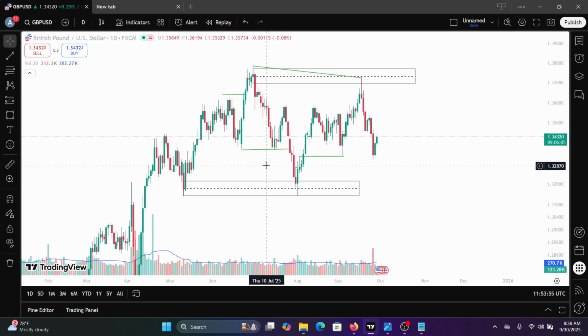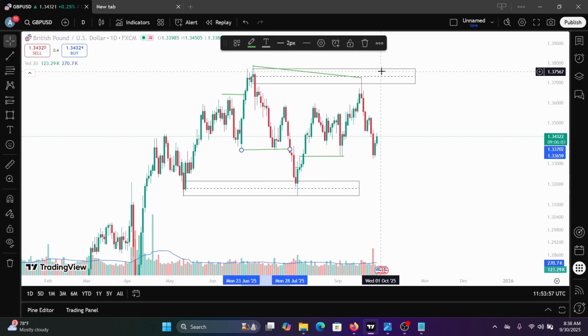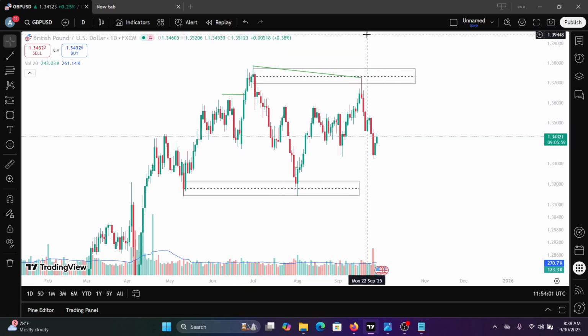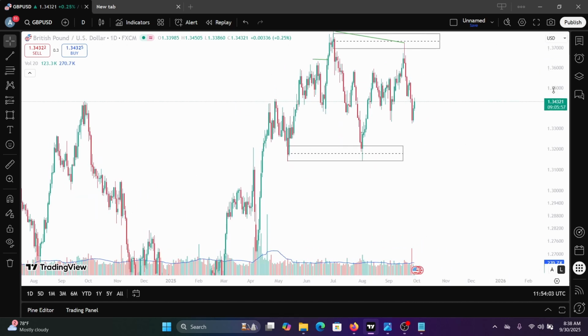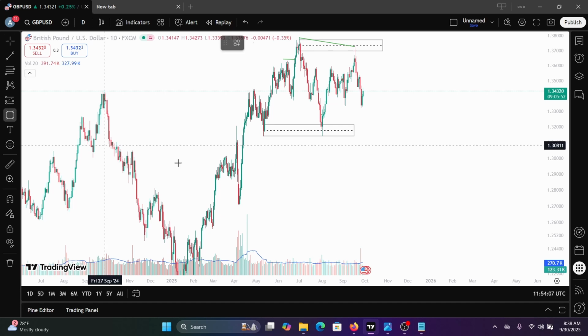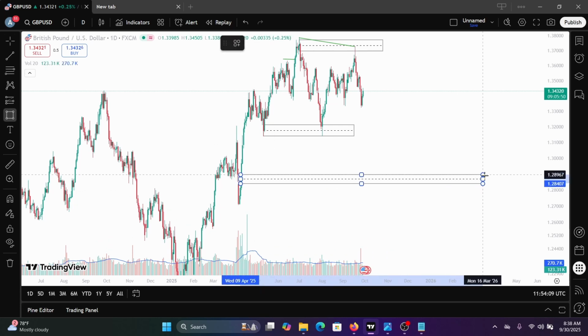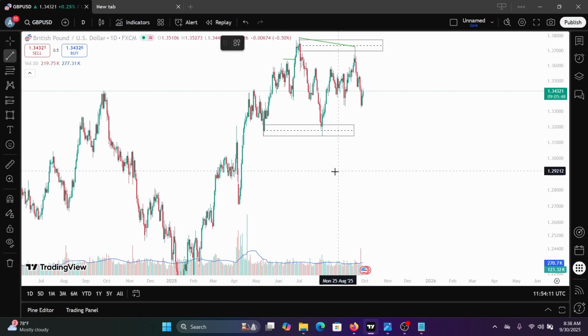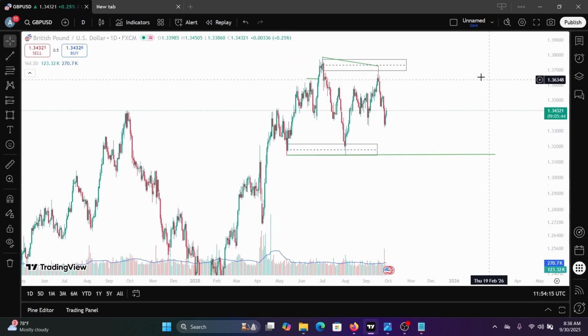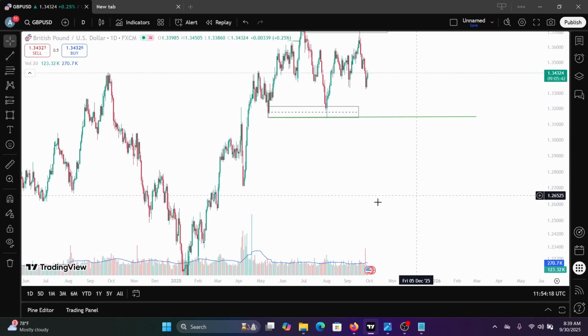But unless that happens, I'm not changing anything, and I'm expecting a downside move. The perfect buy position would be at these places, because you can see the liquidity that is over here. So I'm just completely avoiding these places.